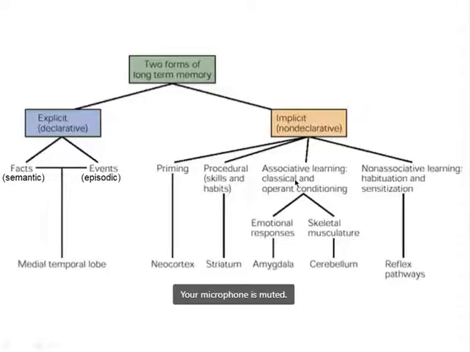Associative learning, emotional expression, and skeletal muscle training require the amygdala and cerebellum. And non-associative learning is by habituation and sensitization reflex pathways.